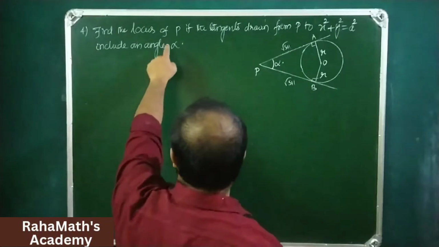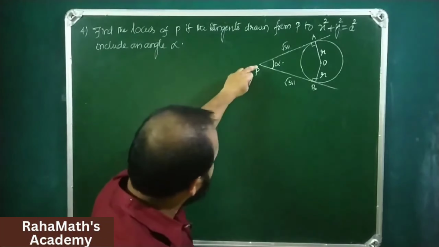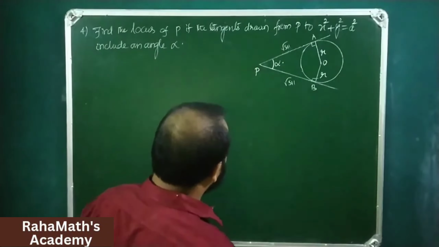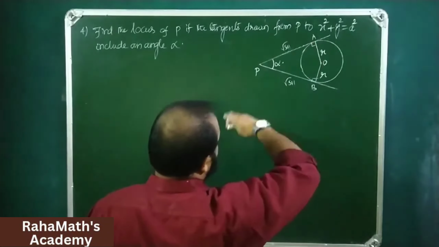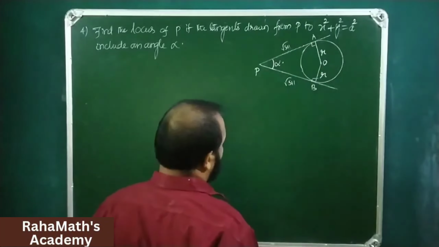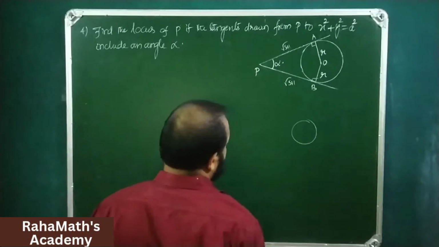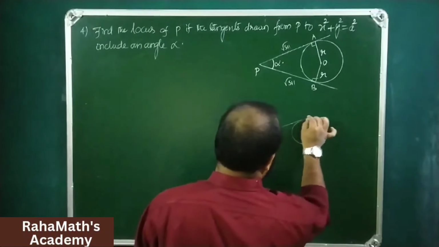So he's asking, find the locus of P, not only this P. There are so many tangents drawn from the external point. For example, this is a circle, and from this point P, two tangents are drawn.